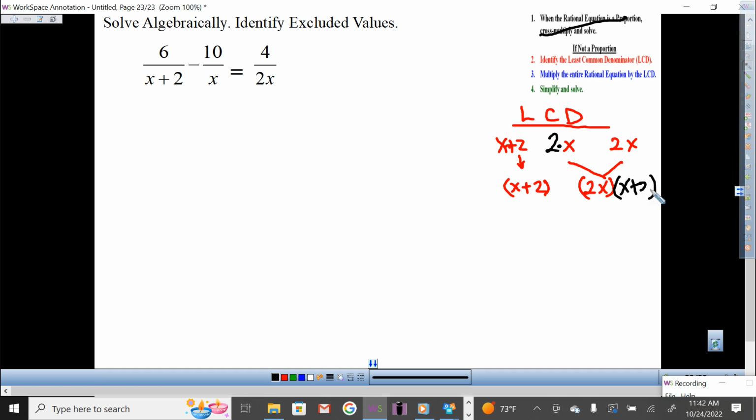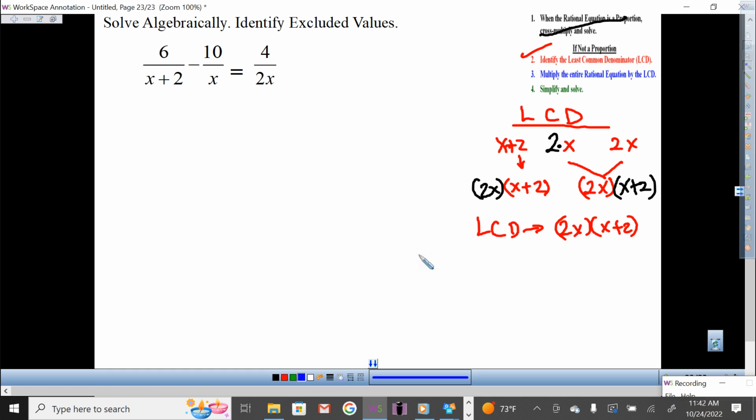Yeah, x plus 2. And this side times what? 2x. That is correct. So that means my LCD for all of them is 2x, x plus 2. We're done with step 2.